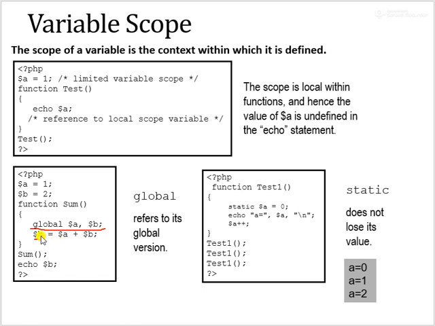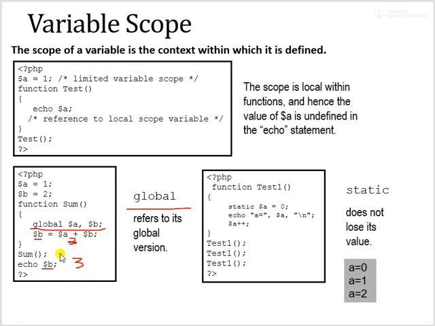So now b is assigned a plus b, so b will be equal to 3, and when we echo b after calling the function sum, it will return 3 instead of 2, because it has been updated in this function. But in order to update it, we have to write this global statement. Global is a keyword which refers to the global version of the variables.